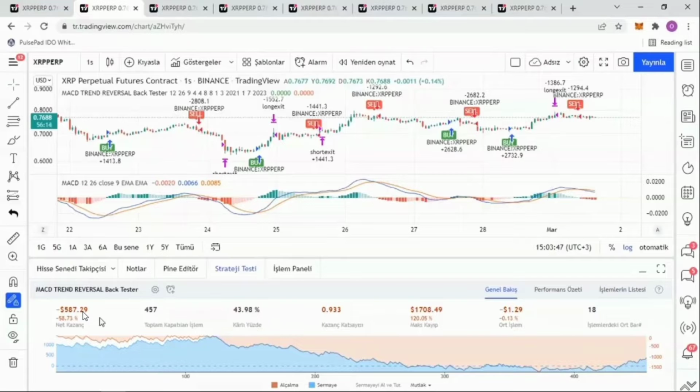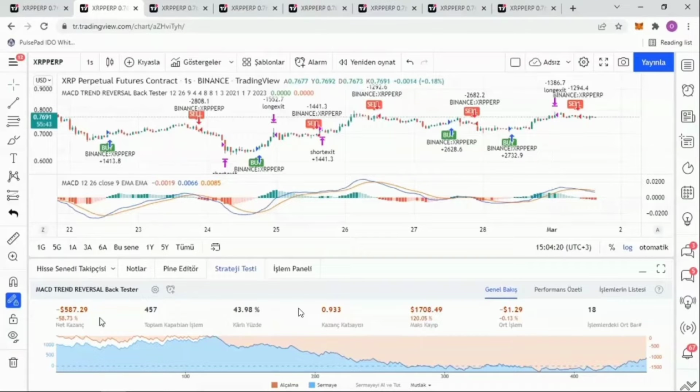Then this success rate will not be enough to make profit. We believe now we are aligned that the MACD trend reversal strategy is not something we can use on our trades. At least it cannot be used with standard settings and an ATR based average risk and reward ratio.